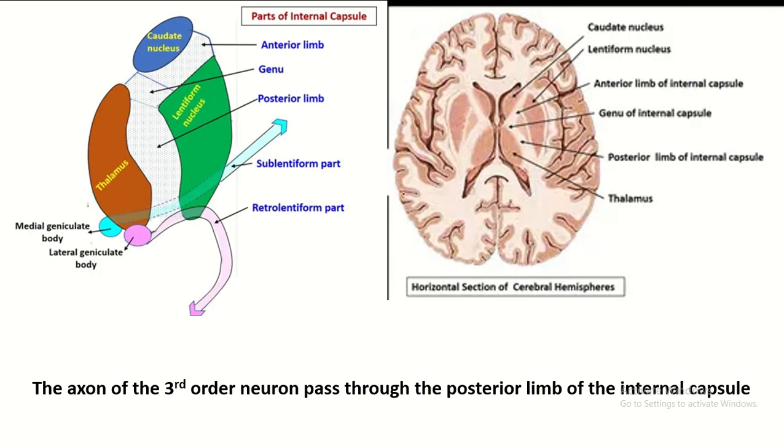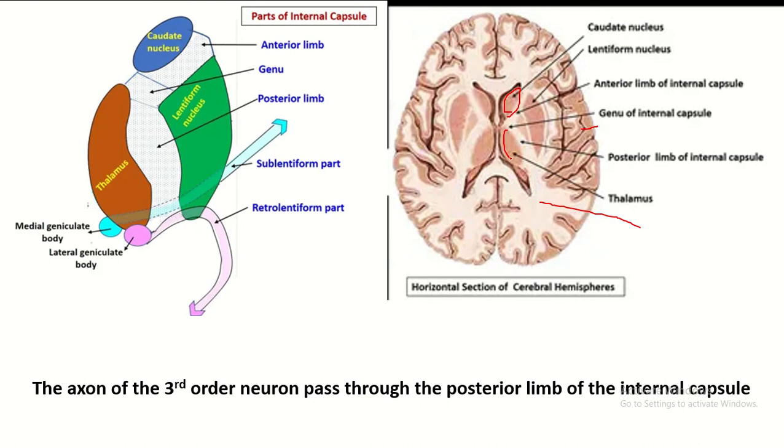This is the cross section of the brain. This is the outer gray matter, this is the inner white matter. Within the white matter there are small collections of nerve cell bodies. These are known as the basal nuclei, thalamus, hypothalamus. So this is part of the basal nuclei, the caudate nucleus.